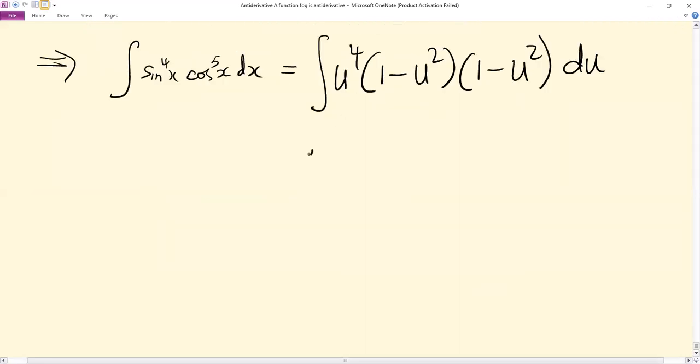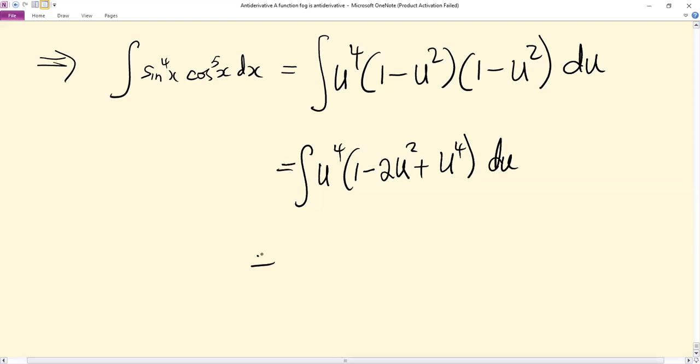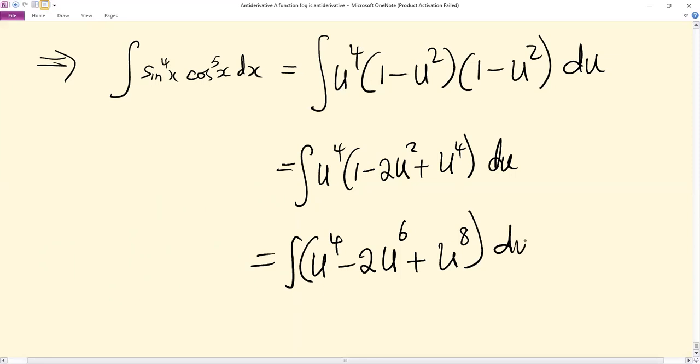And this will give us the integral of u power 4 times 1 minus 2u squared plus u power 4 du, which will be the integral of u power 4 minus 2u power 6 plus u power 8 du.